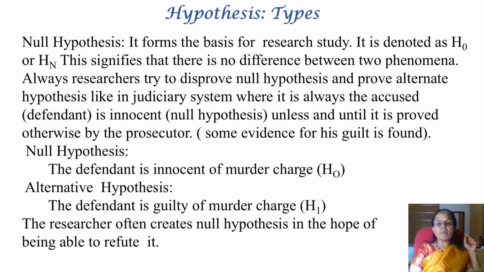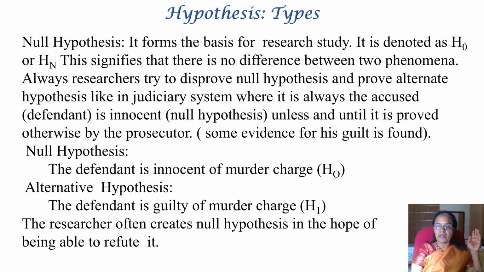Now we will see more about null hypothesis and alternative hypothesis. Now, null hypothesis forms the basis for any research study, and it is denoted by the letter H0. H0 means 0, null hypothesis, no hypothesis.